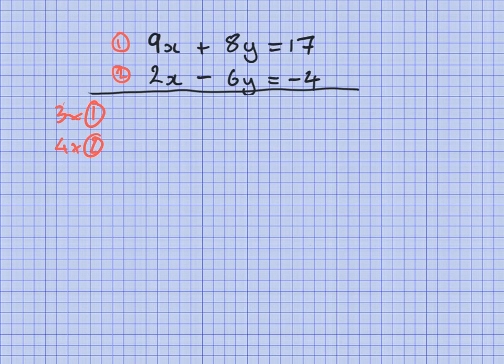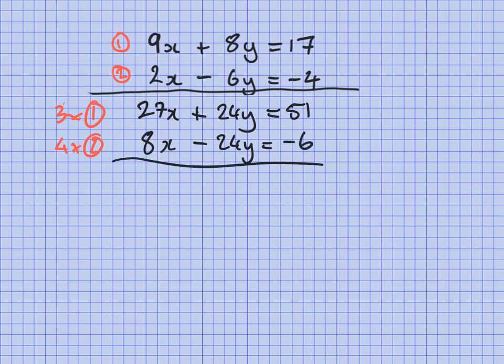Okay, so that gives me 3 times 9 is 27x, 3 times 8 is 24y, equals 3 times 17, 51. For the next line, 2x times 4 is 8x, minus 24y equals 4 times minus 4 is minus 16.